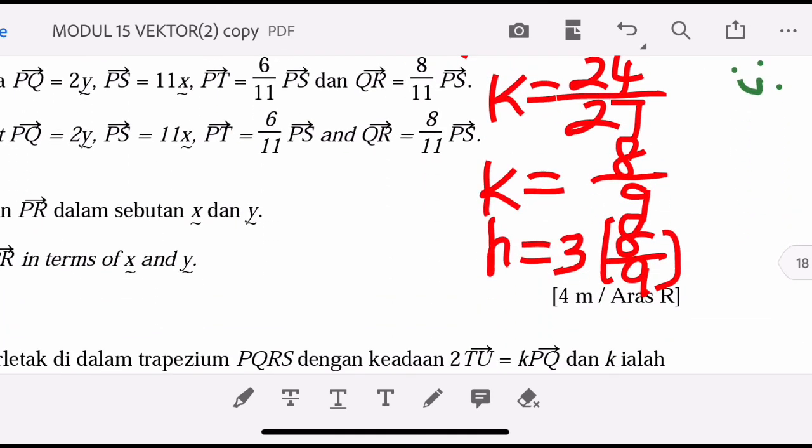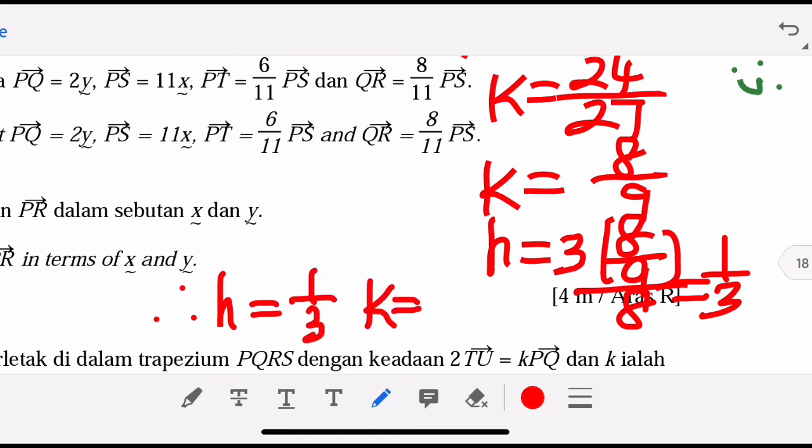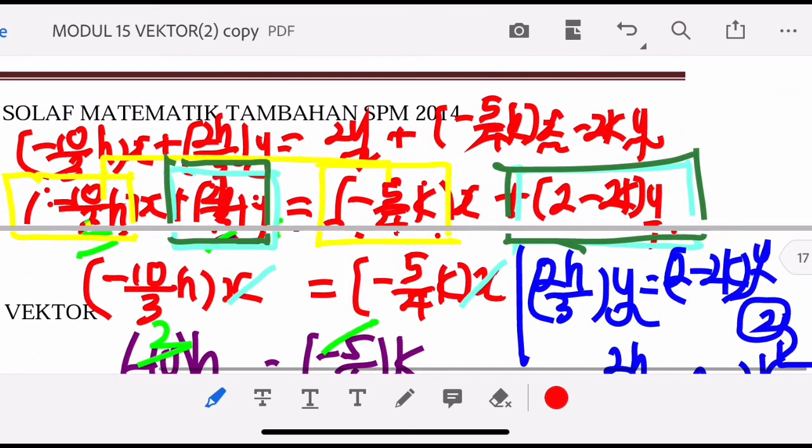Let me check again. So let's simplify carefully. So the answer is 3 times 8 over 9 over 8 is 1 over 3, right? So the answer is 1/3. So now finally we've managed to get h is 1 over 3, right? And k is 8 over 9.